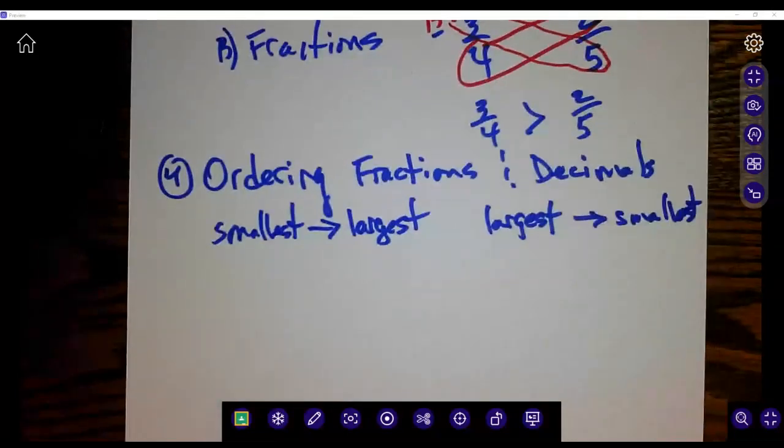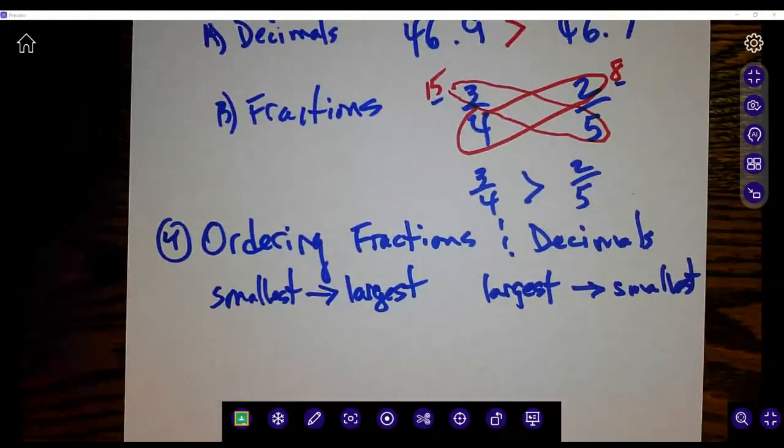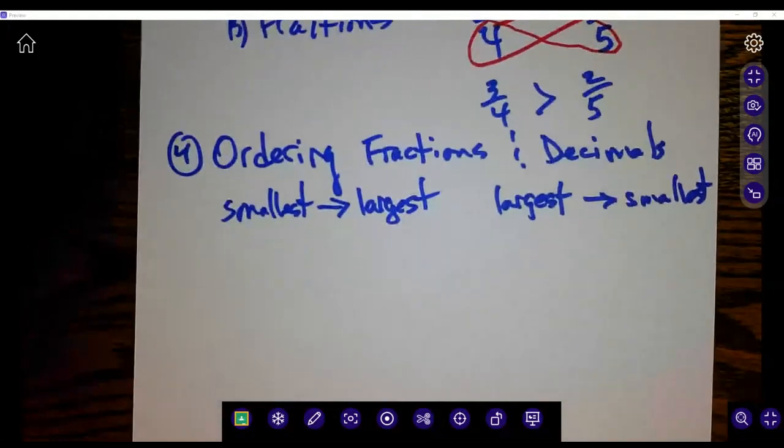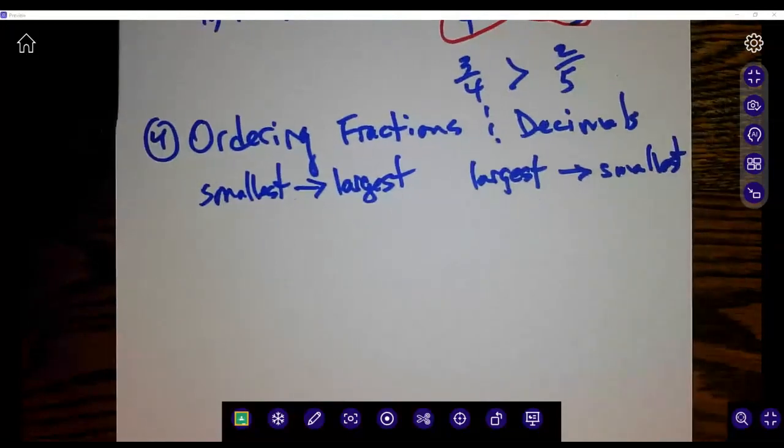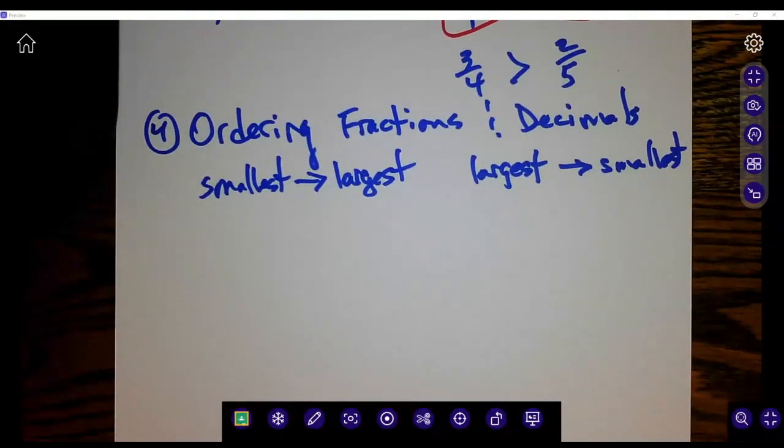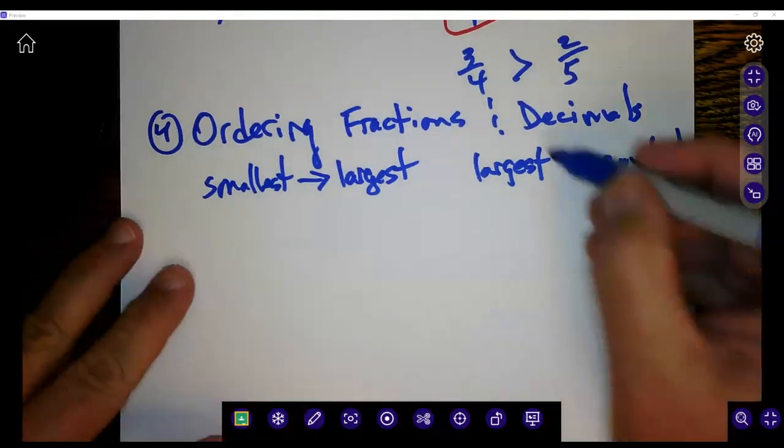Okay? And so we had to use the butterfly method when we were doing fractions. And if you'll remember, we had to look at whether there were any whole number parts to any of those fractions. With the decimals, we lined up the decimal points.